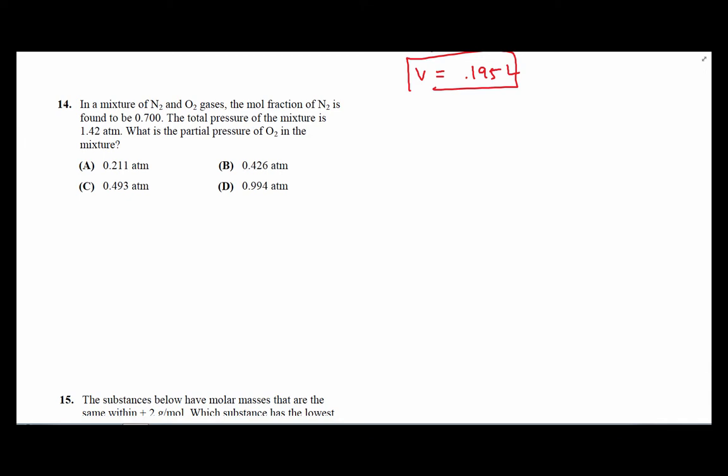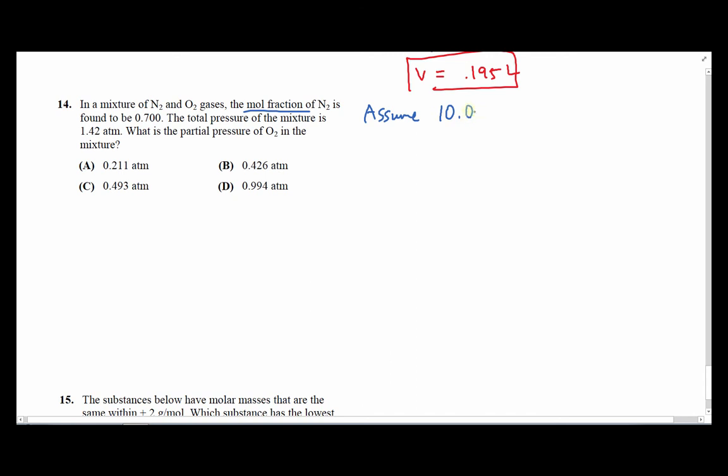Looking at this, we're given the mole fraction. The definition of the mole fraction is the moles of N2, in our case, divided by the total moles, which is our combination of moles of N2 and O2, and that turned out to be 0.700.